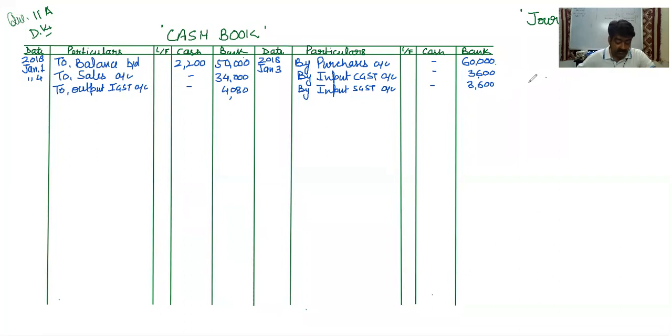So in this particular case, our entry will be, that is on January 5, cheque in hand account debit, because simply we are receiving this cheque and we are not depositing this particular cheque into our bank. Cheque in hand account debit to Naresh. Okay. Cheque received from Naresh, and amount of cheque is 1,000.